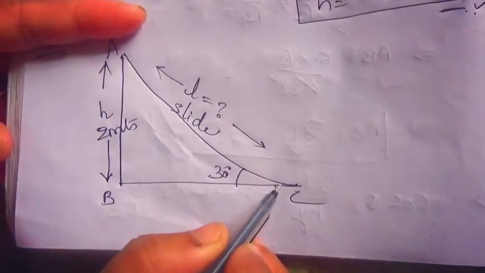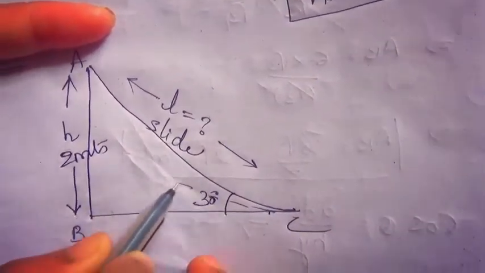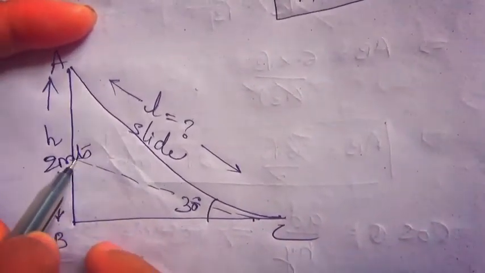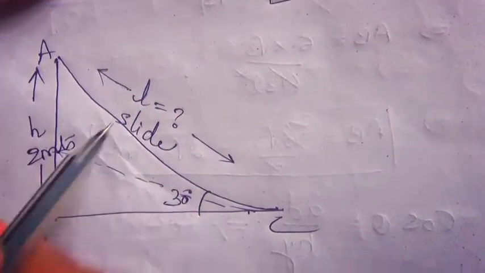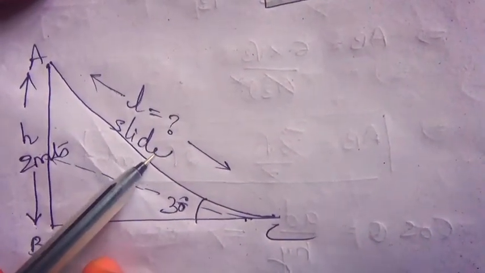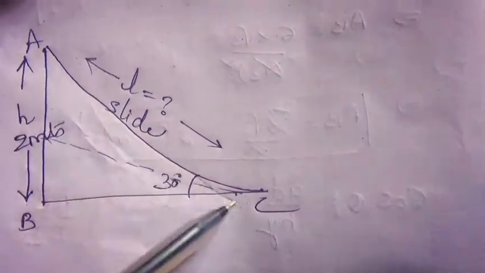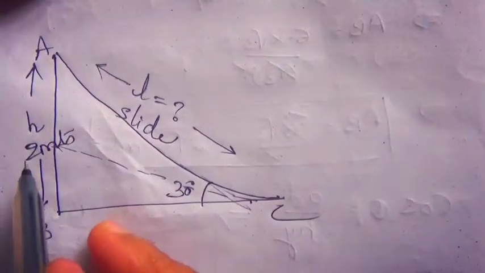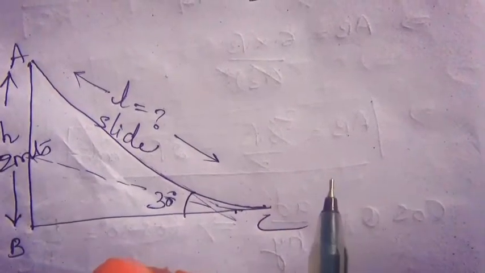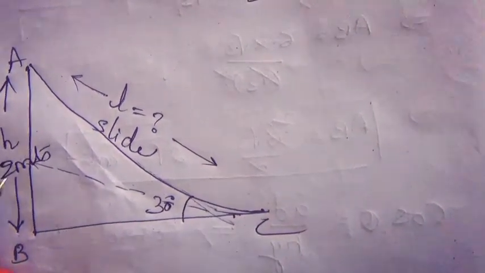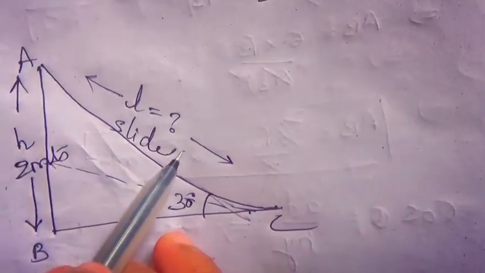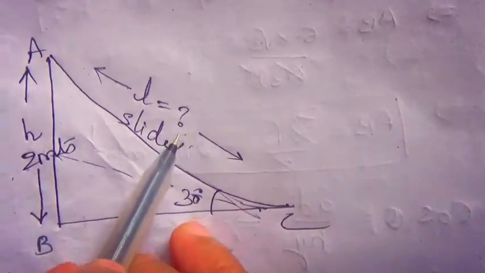So look here, what trigonometric ratio do we have to use? For 30 degrees, the opposite is the height of the slide, and we want this hypotenuse. The trigonometric ratio which gives the ratio of opposite and hypotenuse is sine.